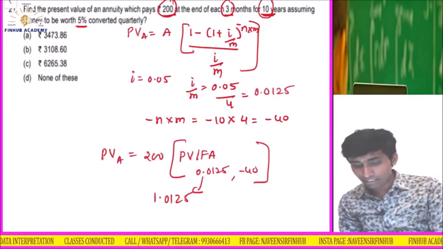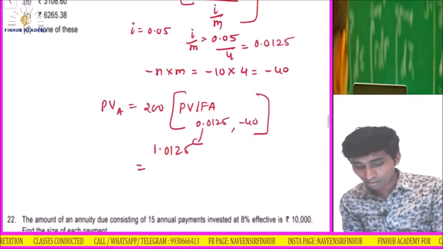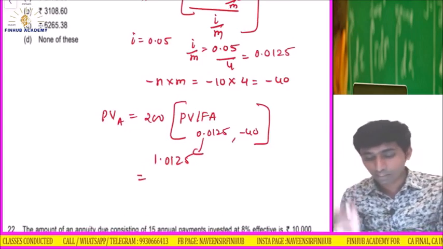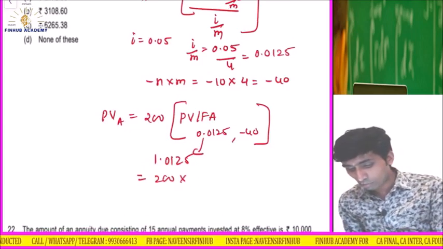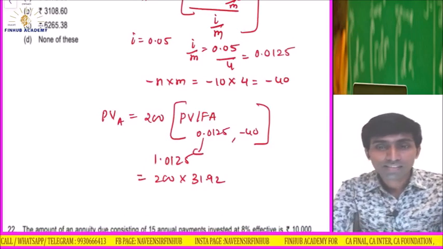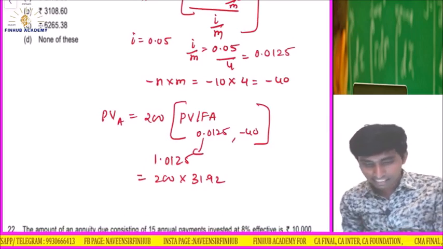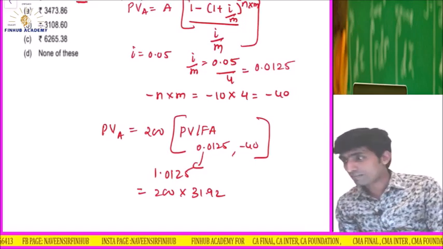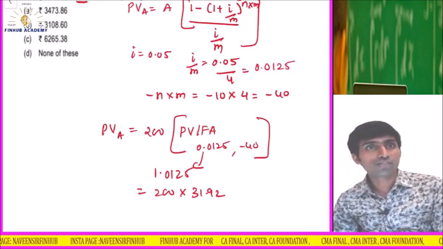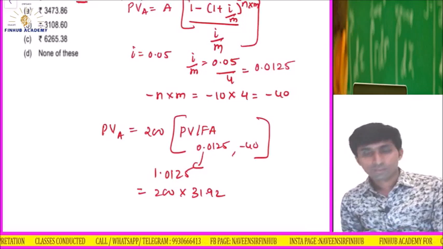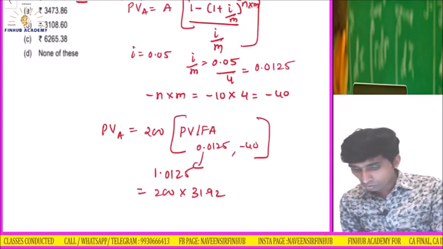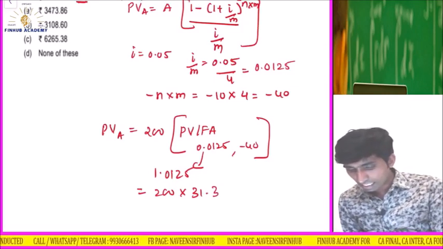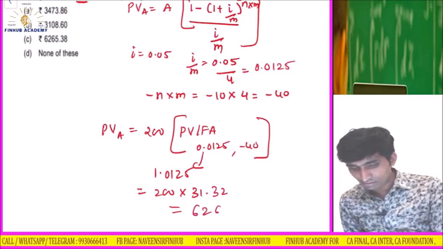So 31.92, I don't know whether I have missed it or not, but 200 into 31.92 gives 6385.856265. I think I missed something. Okay, let's check. It's not 31.92, it is 31.32, and when I multiply I get 6265.38.